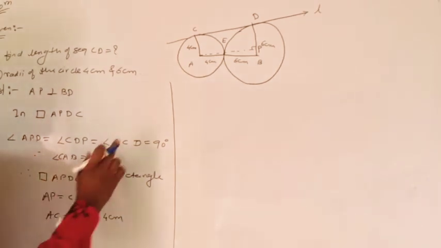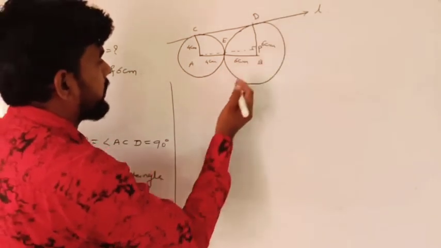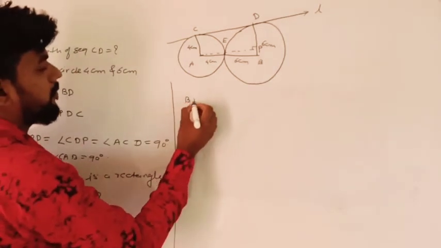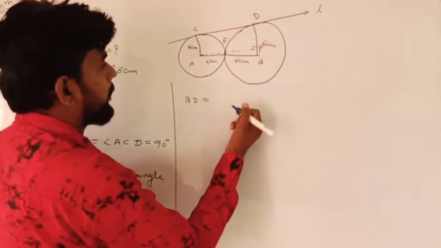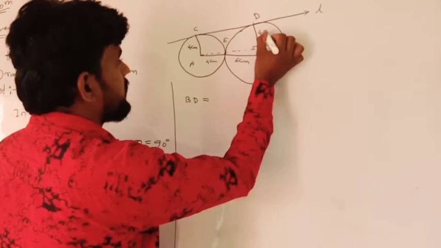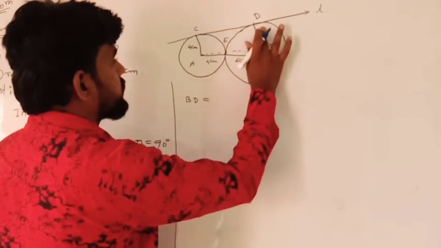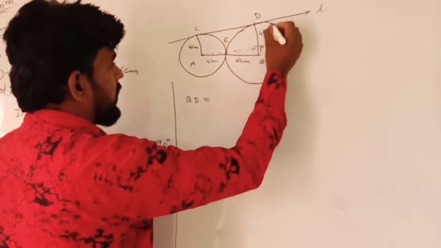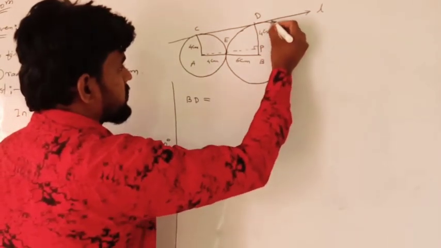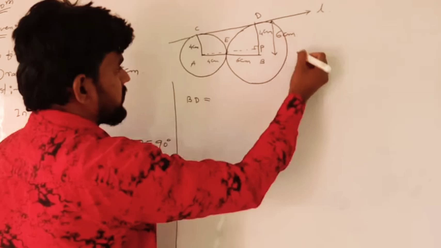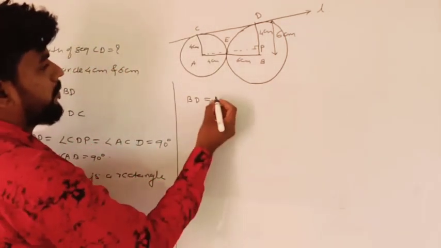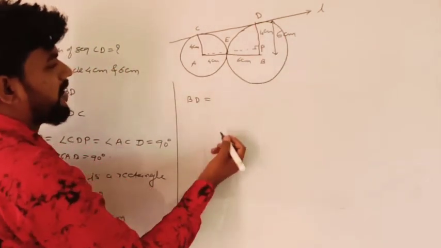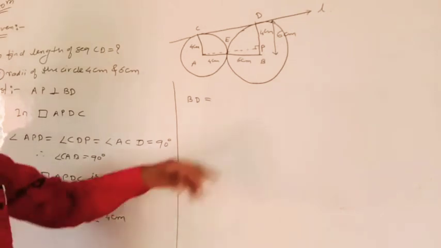Okay, now BD here, this is 4 centimeters, this is 4 centimeters, PB, and from this to this we have 6 centimeters. Now BD is equal to, why are we going for BD?